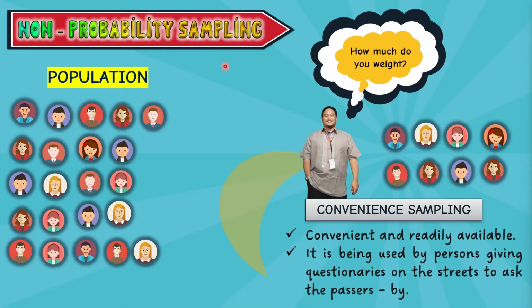Yung makikita ninyo sa mga Facebook posts na kung saan may mga nakamotor, then they're going to ask the person o yung mga passers-by, yung mga tao mga tambay, no? Tatanungin nila sinong gusto nilang presidente, no? And then they're going to conclude, itong barangay na to, ang presidente nila ay si ganito, si ganyan. No? But that's not accurate. Okay? Bias 'yun kasi 'di ba tinanong mo lang kung sino lang yung nandoon sa area na 'yon. Okay?